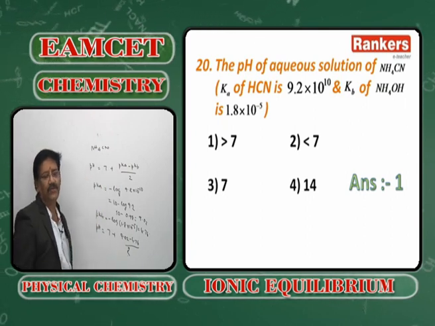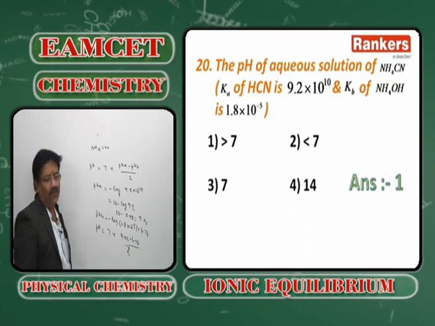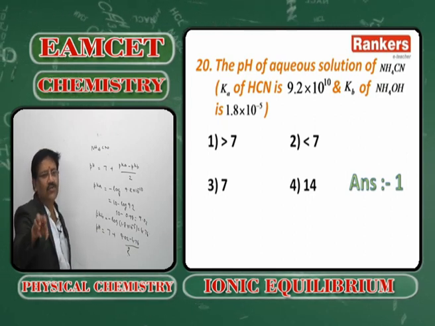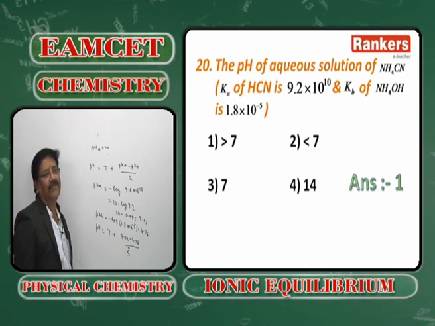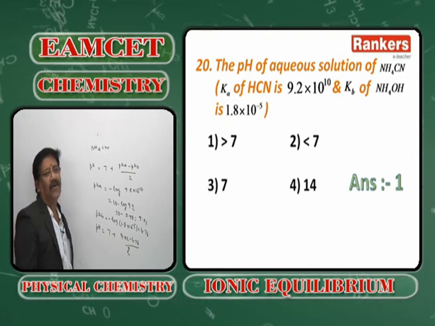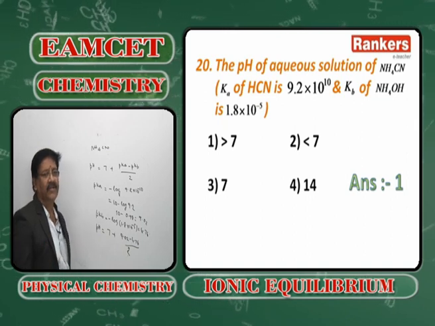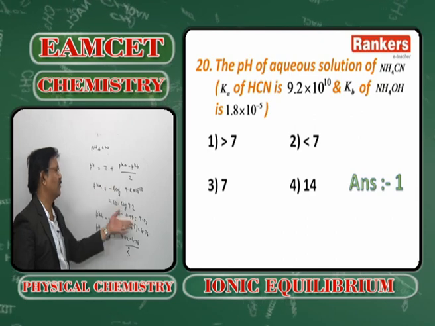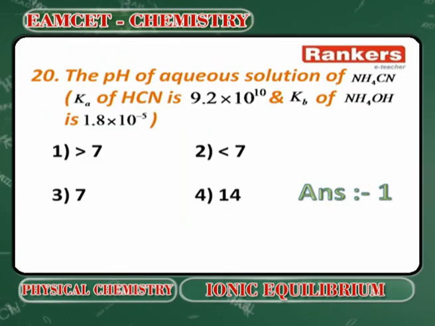Obviously the resulting solution will be alkaline. When the Ka value is less than the Kb value, the solution will be alkaline. For an alkaline solution, the pH value will be greater than 7. So it will be greater than 7 because the Ka value is less than the Kb value.